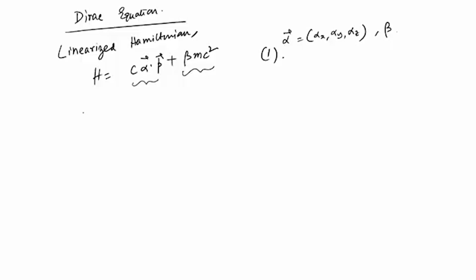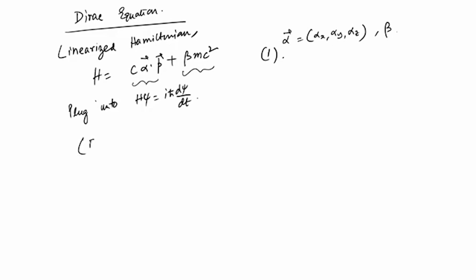If you write this as equation 1 and plug it into H psi equal to i h cross d psi dt, it is a linearized equation.